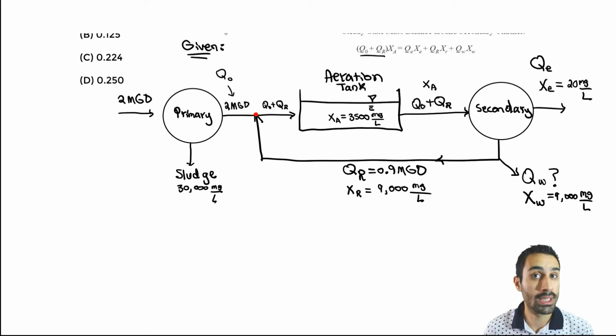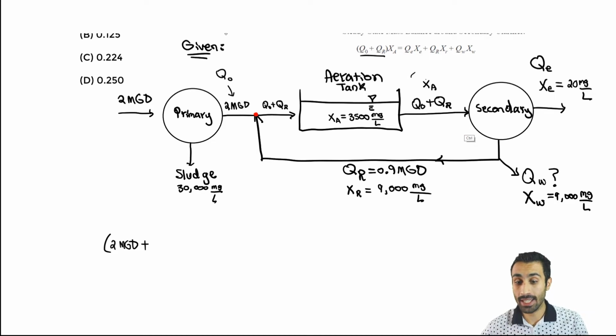Now let's start plugging stuff in. So we know what comes out the primary goes into the secondary treatment, which is going to be Q naught. It's the 2 mgd. So we put 2 mgd for the Q naught. And then we add QR. We're adding QR because, no, this is around, again, the secondary. So we have to add QR.